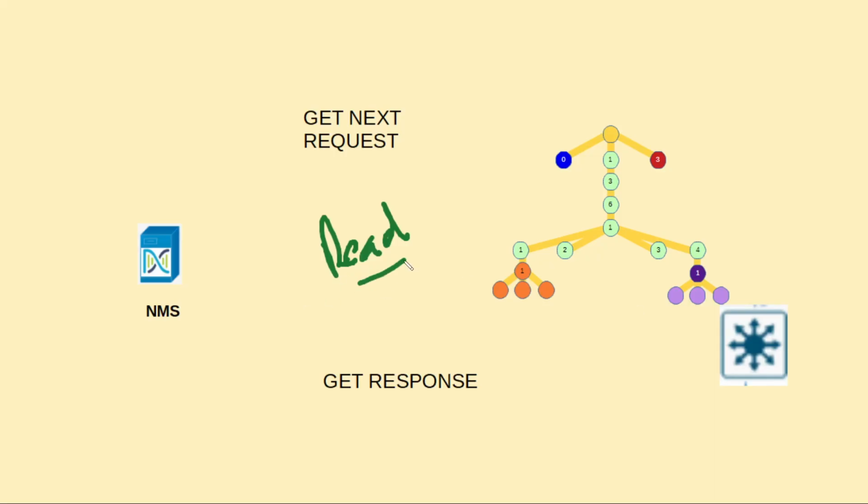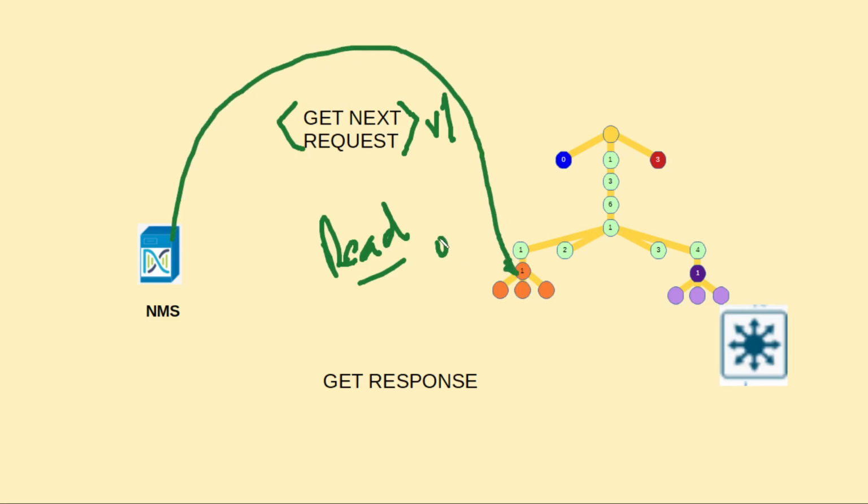Another read operation that we have available to us is get next request that was defined since SNMP version 1. With get next request, we are going to provide the object ID of a particular parent node. The first time we call get next request, we are going to retrieve the first node value that lives within that parent node.